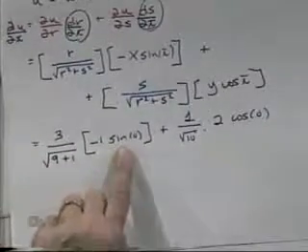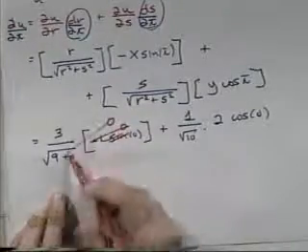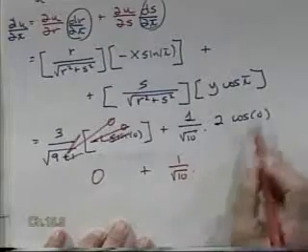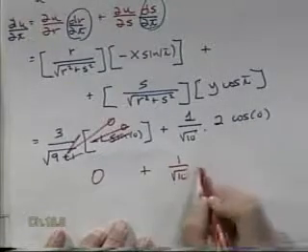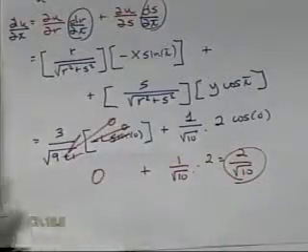The good news is sine of 0 is 0, and 0 times a negative 1 is 0, and 0 times anything is 0. So this is 0, plus 1 over root 10 times cosine of 0, which is 1, so we get 2 over root 10. So it's a bit tedious, but it's not difficult.